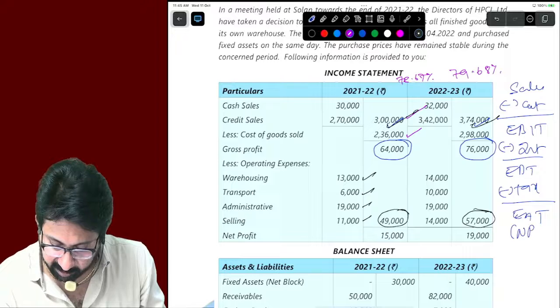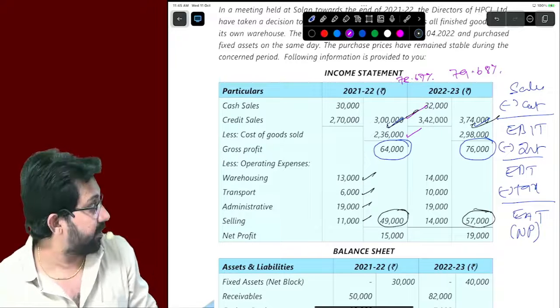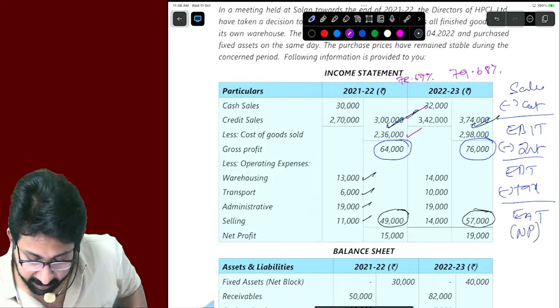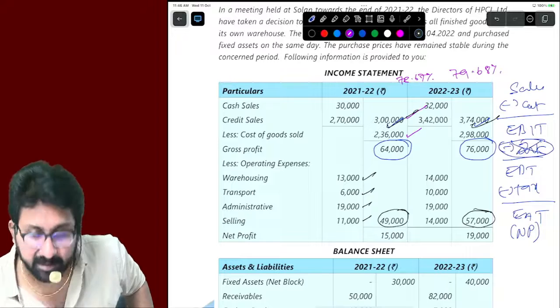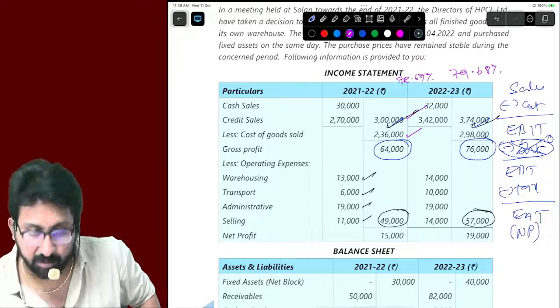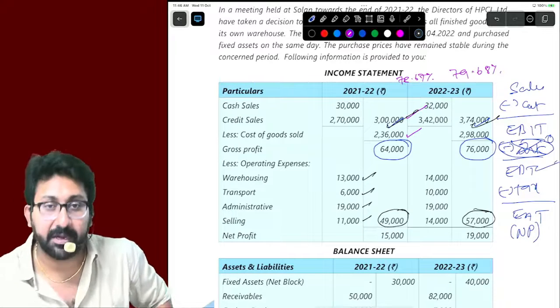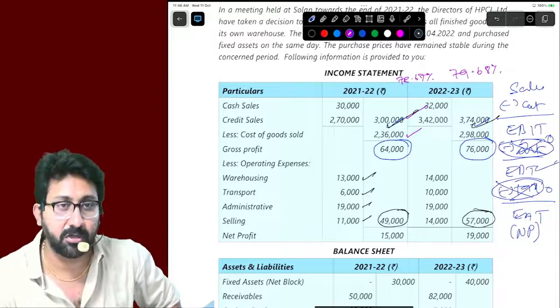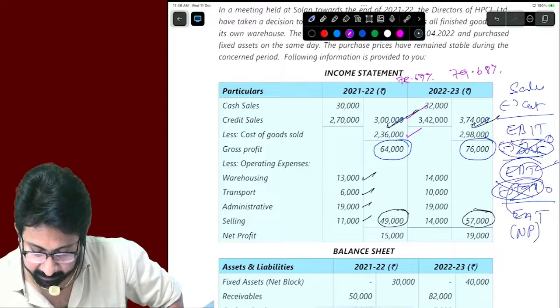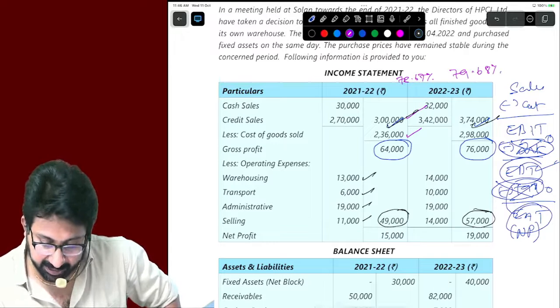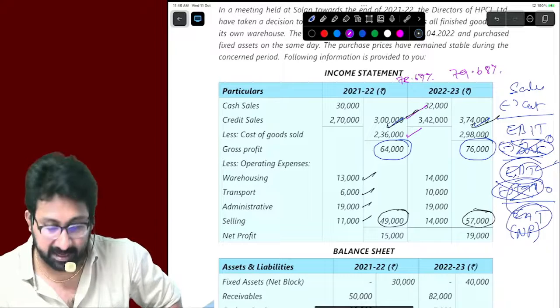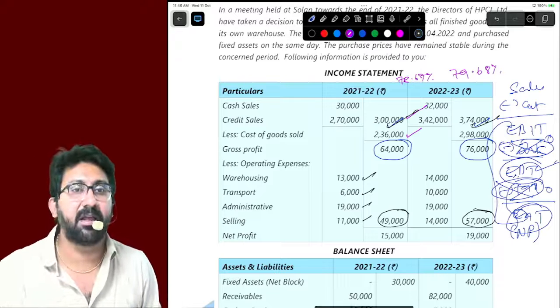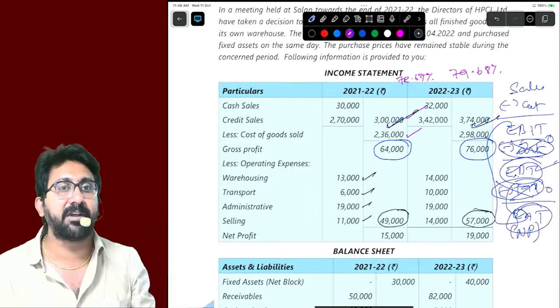EAT is called as net profit. Interest is not there, therefore zero, so EBIT will become EBT. Tax is not there, therefore this is also zero, so EBT will become EAT. EBIT became EBT, EBT became EAT, means EBIT and EAT are same. That's why we are taking net profit as EBIT in this question.